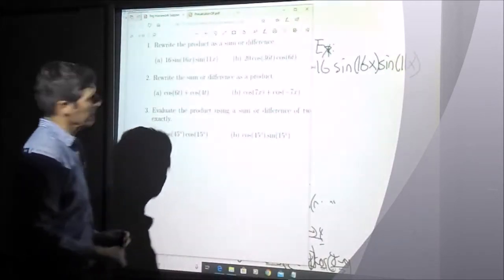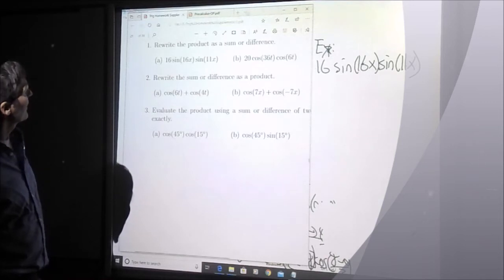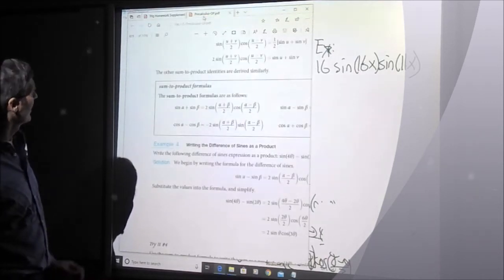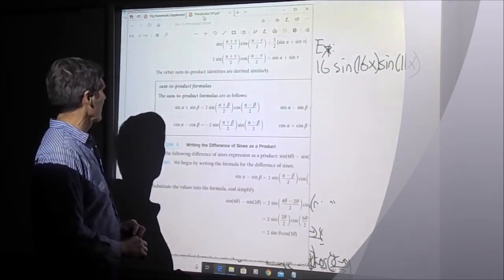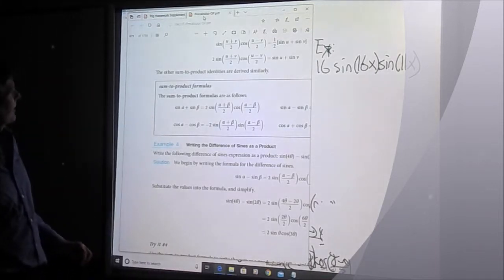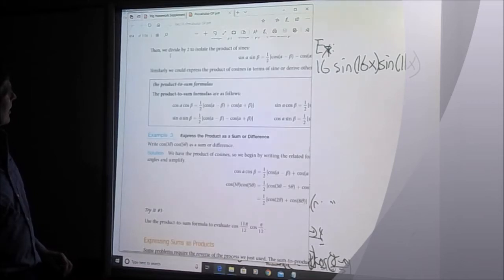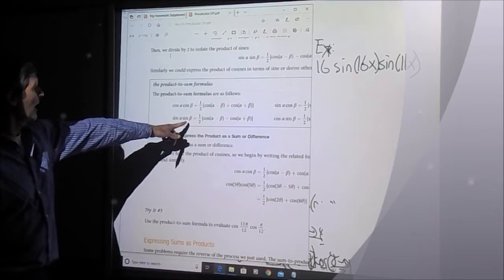Well, where have I seen that before? I've seen it in this formula here. Let's see the previous one. And sine.